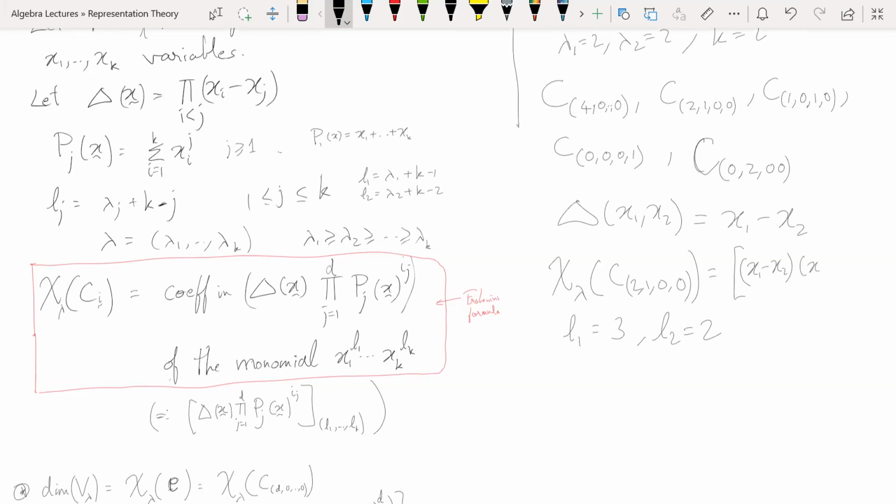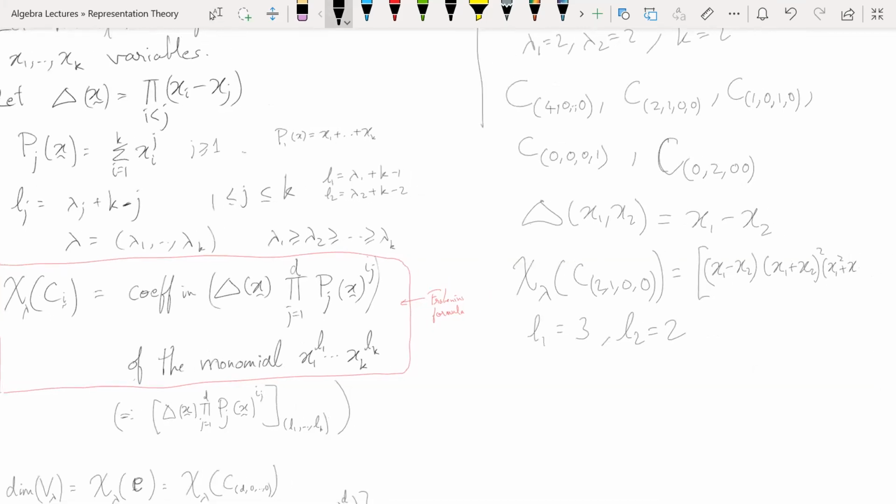So x1 plus x2 whole square times x1 square plus x2 square, because i1 is 2 and i2 is 1. So we get power 2 here and power 1 here. And P1 is x1 plus x2, and P2 is x1 square plus x2 square.